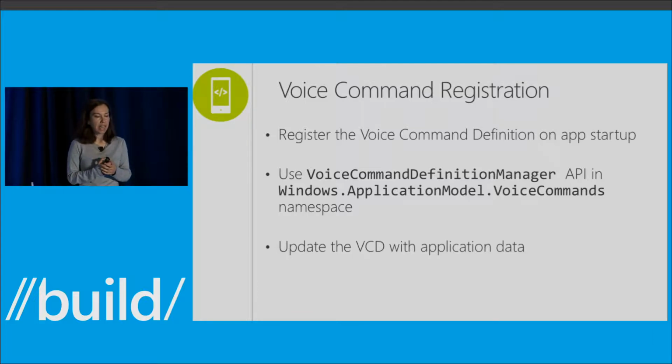And keep in mind that you have the option to update the voice command definition at runtime. In our case, we started with a short list of destinations that we provided Cortana as a vocabulary to recognize. But as the user is using the application, they can generate new data or they can delete data. And you have the option to update the voice command definition to have that in sync with your application's data.